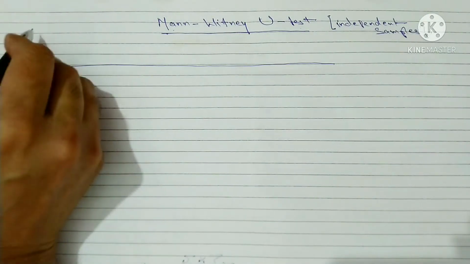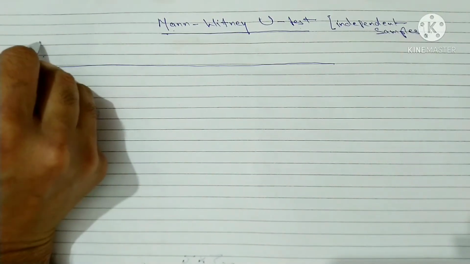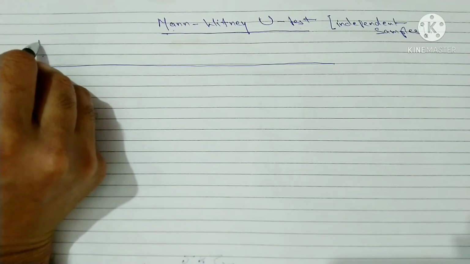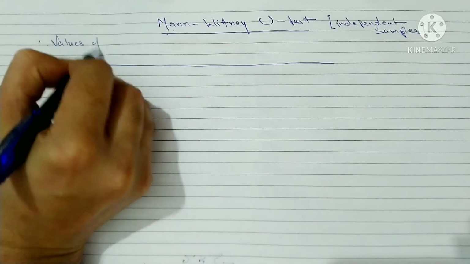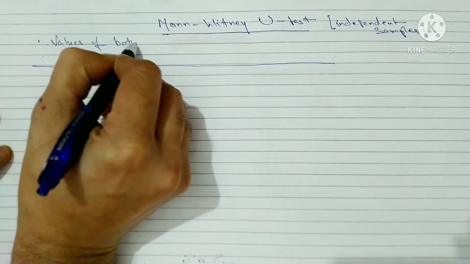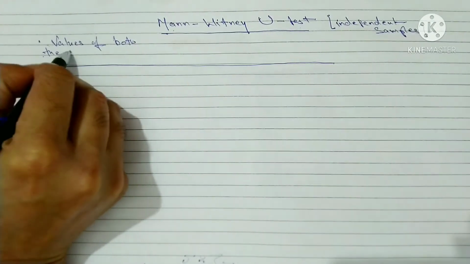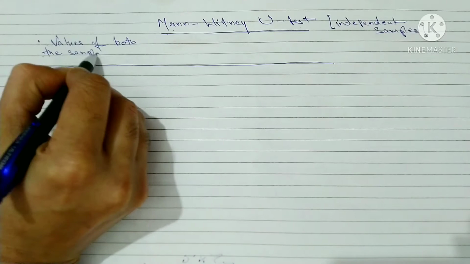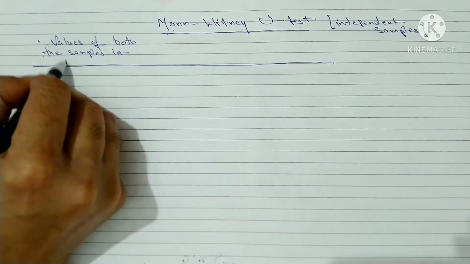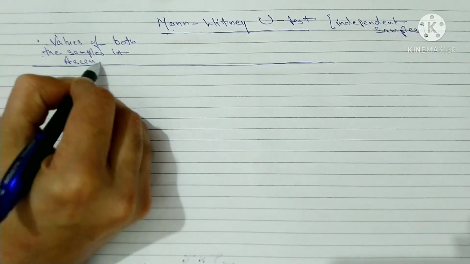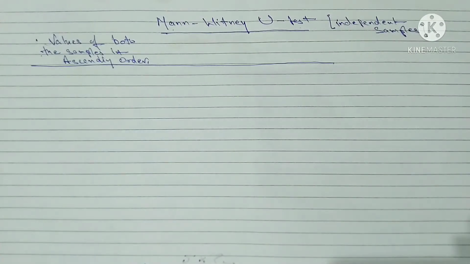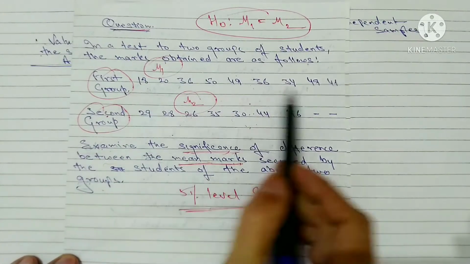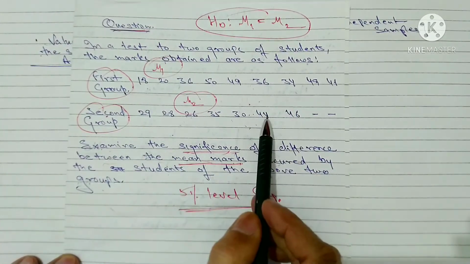First, write the values of both the samples in ascending order. In ascending order means we will club values of both the groups in ascending order.